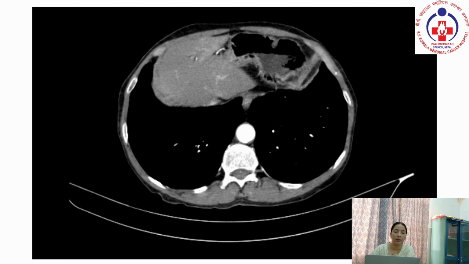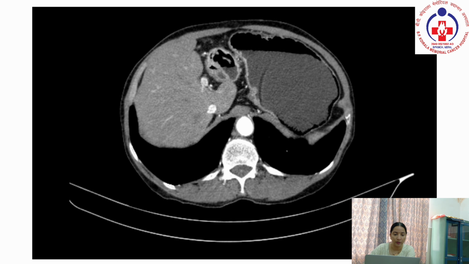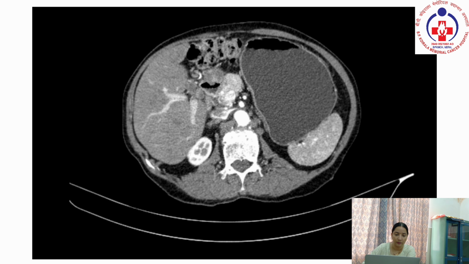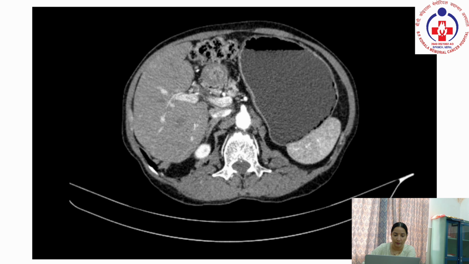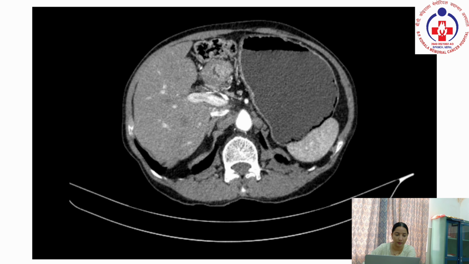Here we can see the distended stomach, and gradually while going down, this is the antral growth, which is evident here.